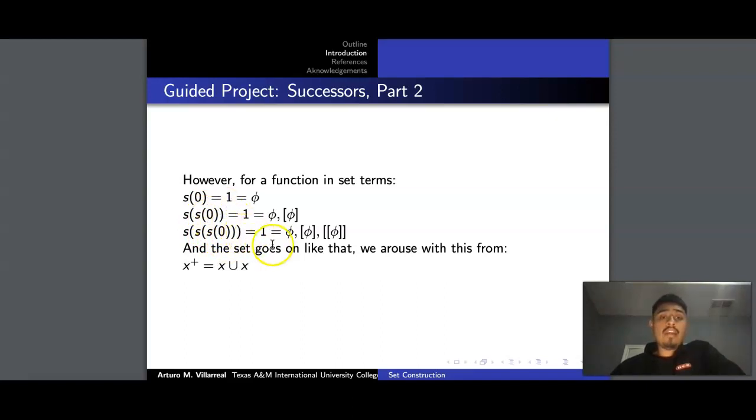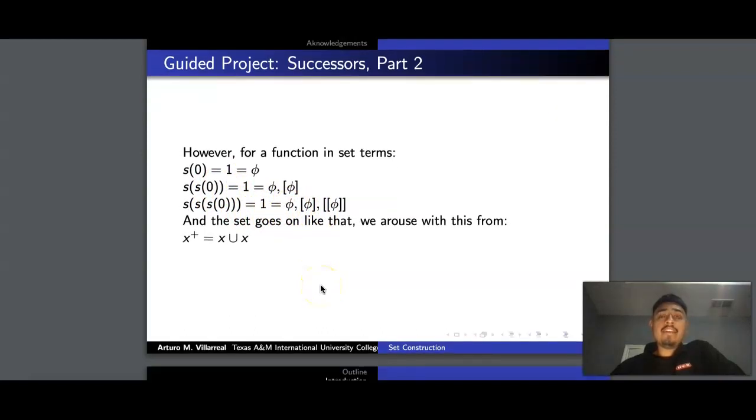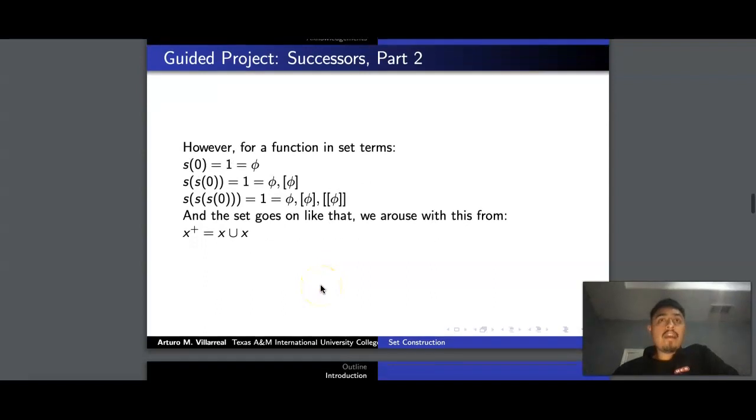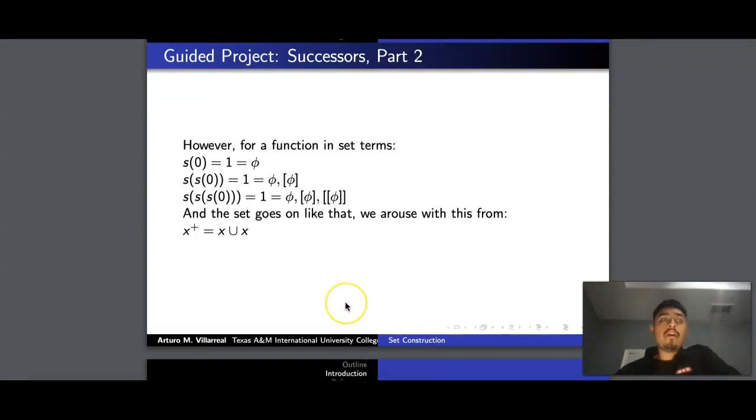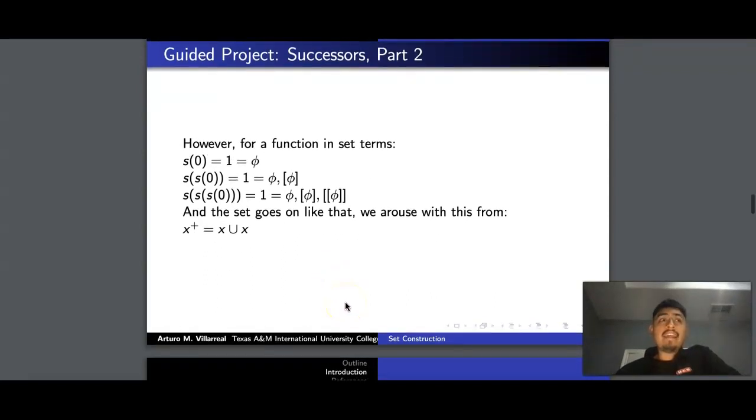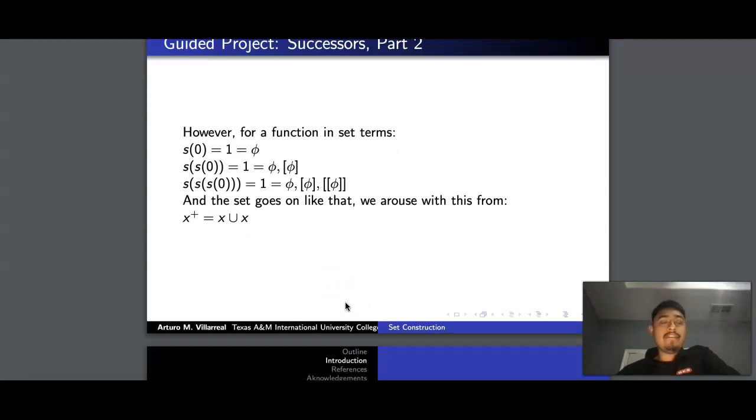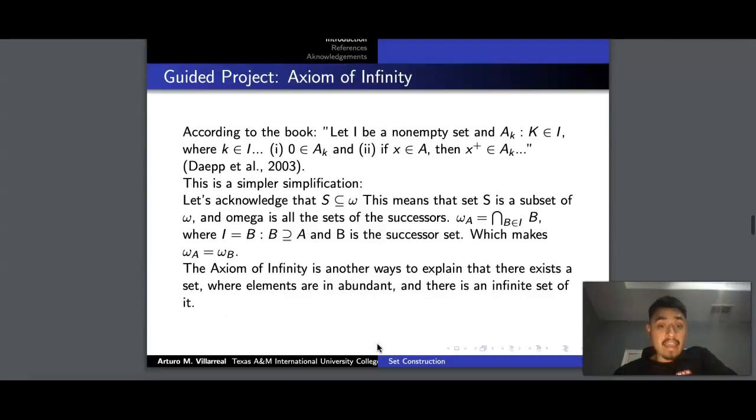It's going to continue until it reaches a step where all the previous elements are part of the new step, and that leads to the axiom of infinity.